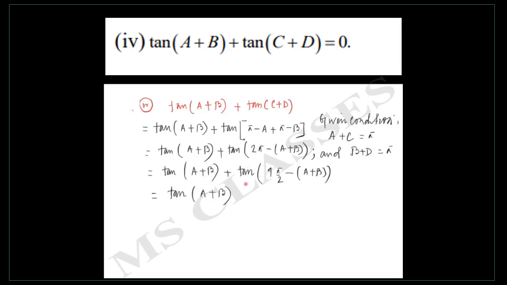Now this is which quadrant? That is very easy to understand. It is 4 pi by 2. That means a complete circle taking the anti-clockwise direction, reaching here and then coming back here. Why? Because it is minus something. So the angle lies in which quadrant? The fourth quadrant. Minus tan A plus B. And that is the result.